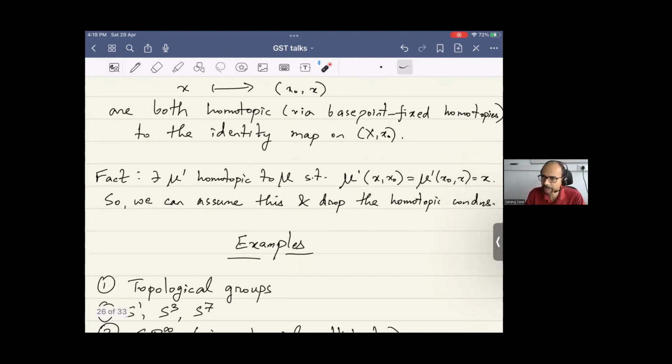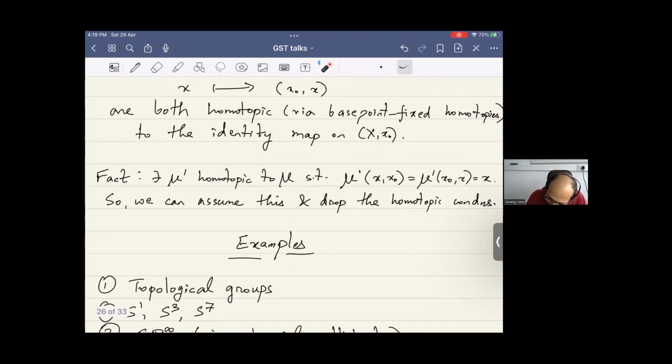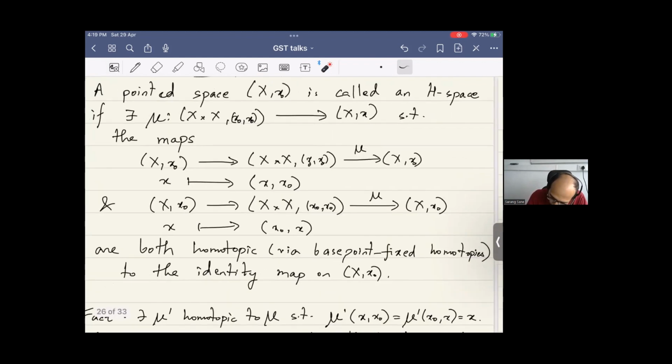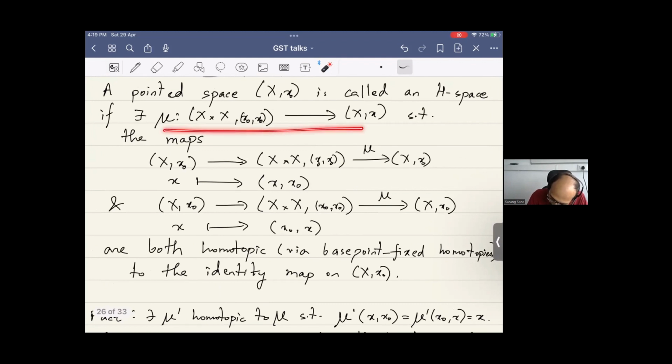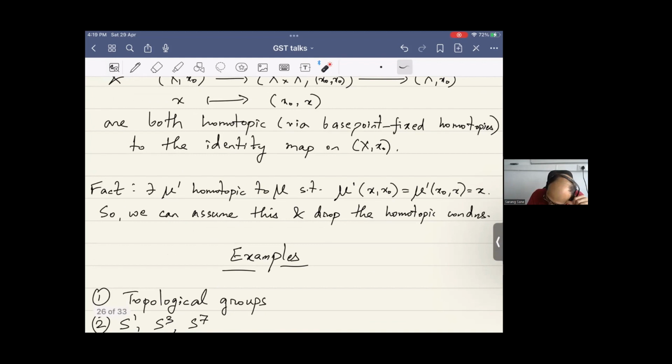Now it turns out that for an H space, you can always replace mu. So remember, mu is something like this along with this data. You can replace it by mu prime, so that if you take mu prime of x comma x naught and mu prime of x naught comma x, it's actually equal to x.